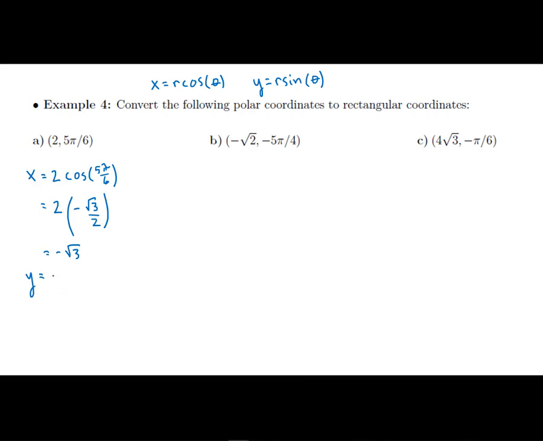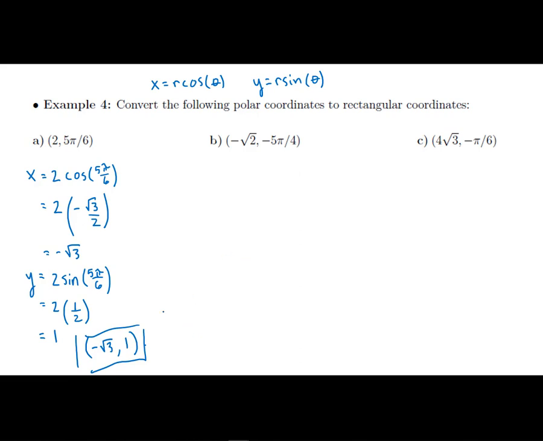And then my y value would be 2 times the sine of my angle, but the sine of 5 pi over 6 is positive 1/2, so that gives me 1. And so this point 2 comma 5 pi over 6 in polar coordinates is the same as the point negative root 3, positive 1 in rectangular coordinates.